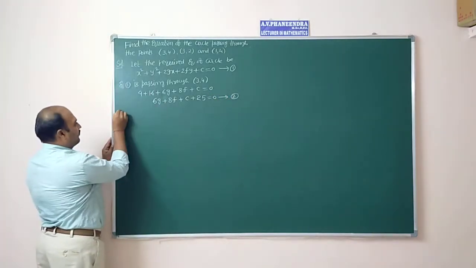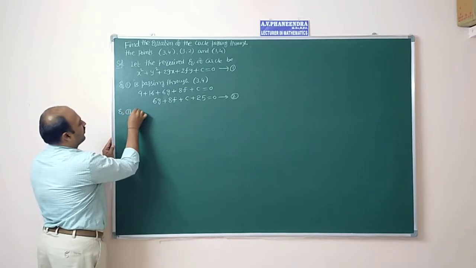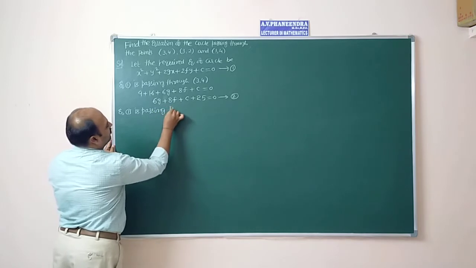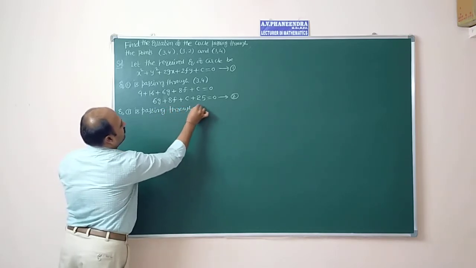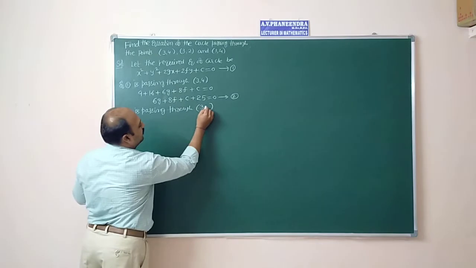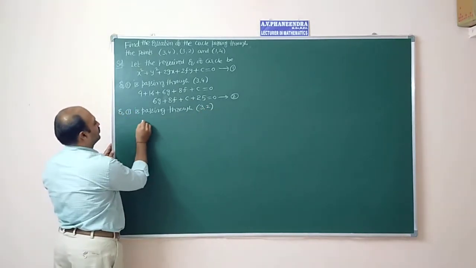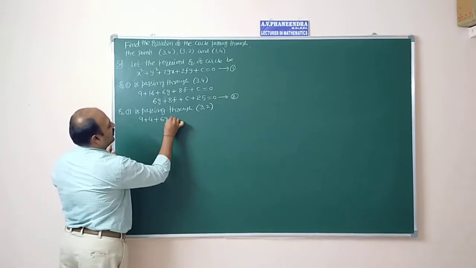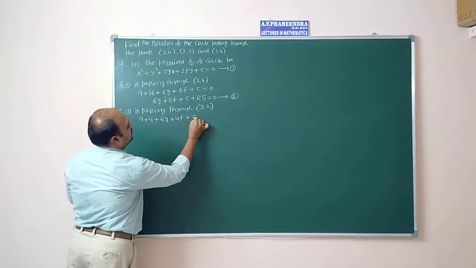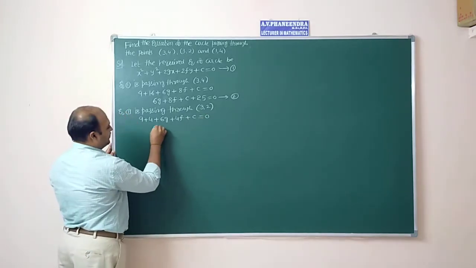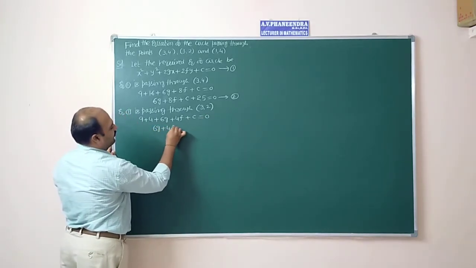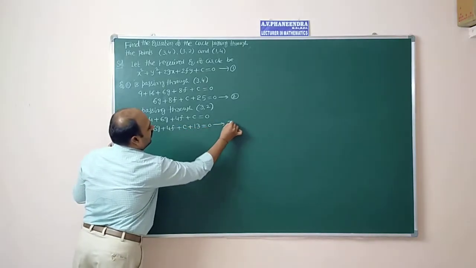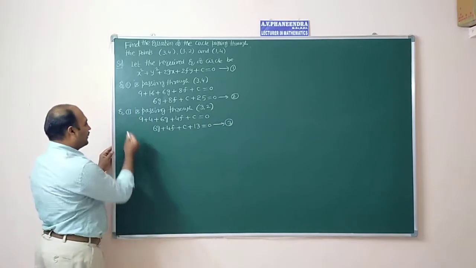Same procedure. Equation 1 passing through the next point (3, 2). In place of x, y, substitute 3, 2. 9 plus 4 plus 6g plus 4f plus c equal to 0. 6g plus 4f plus c plus 13 equal to 0. Equation number 3.